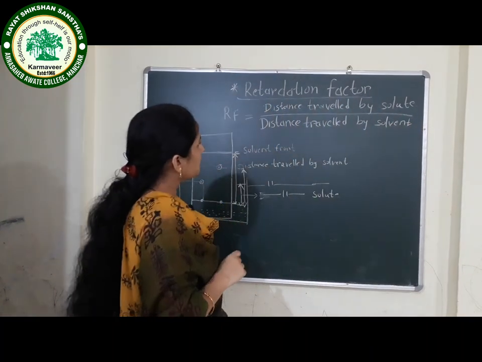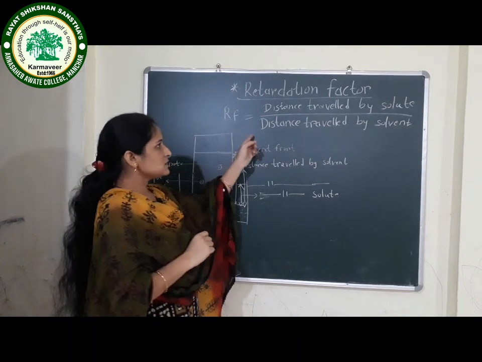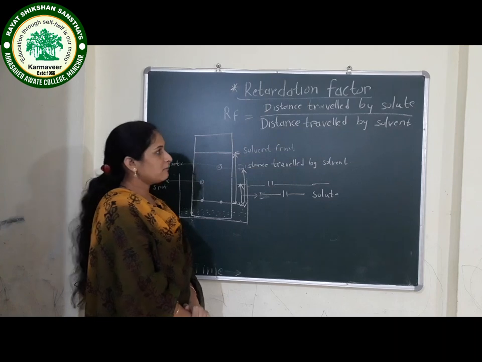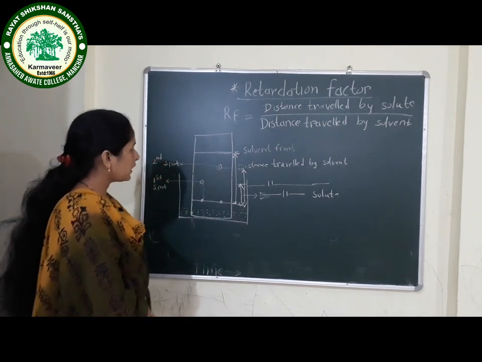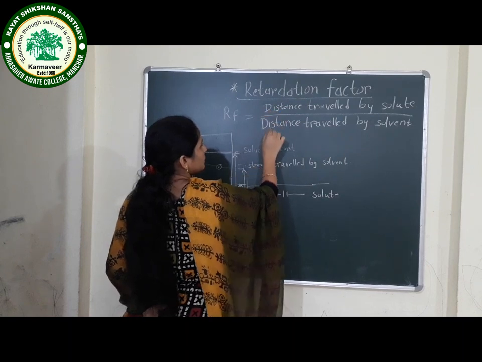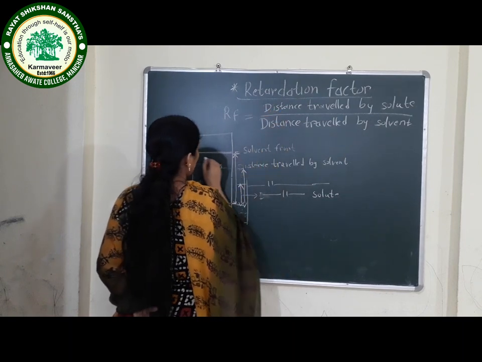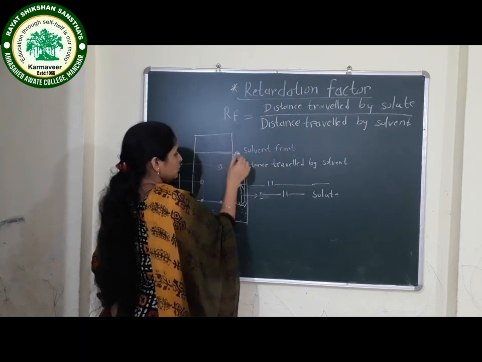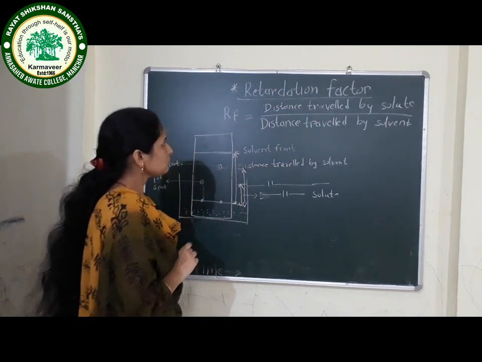Now you have to remember, always the distance traveled by solvent is greater than the distance traveled by solute. Okay, now this will be the lower value and this will be the higher value, because always this solvent front will have a higher value than the solute.